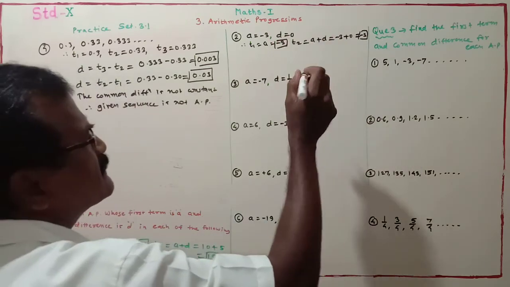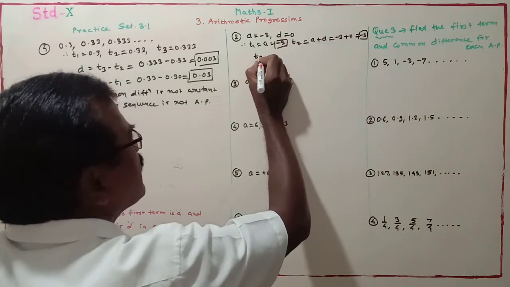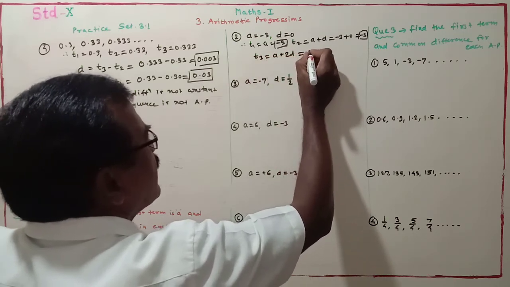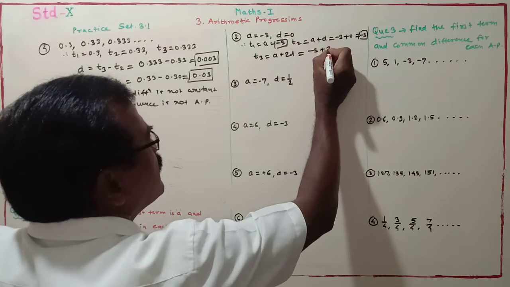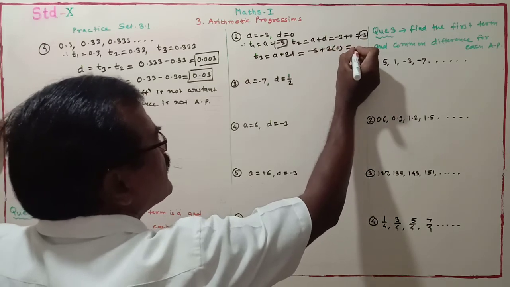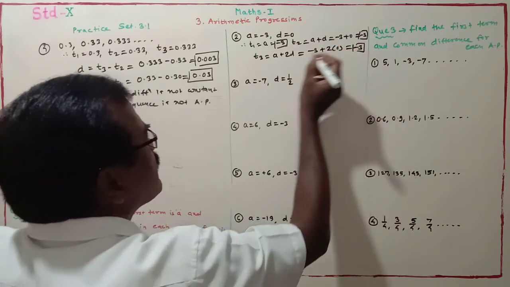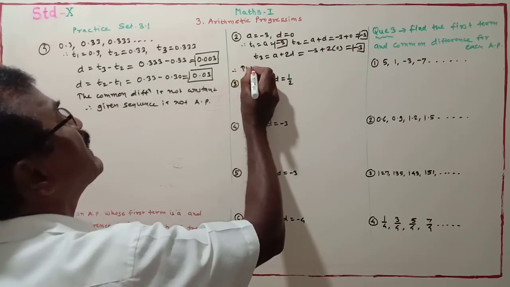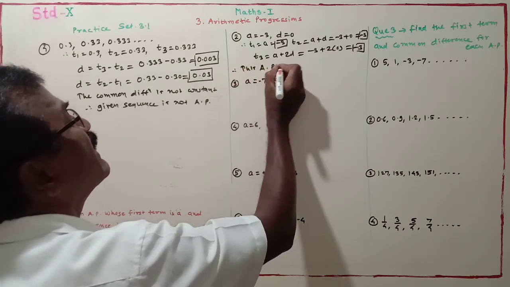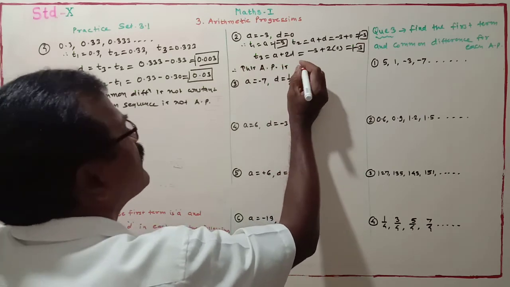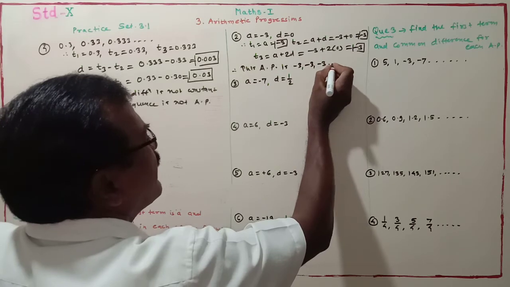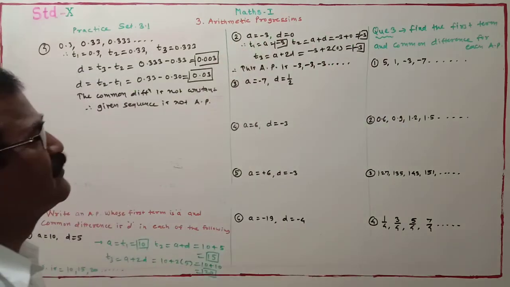The third term T3 is equal to A plus 2D. A is minus 3 plus 2 into 0 is minus 3. Therefore, this AP is minus 3, minus 3, minus 3, etc.